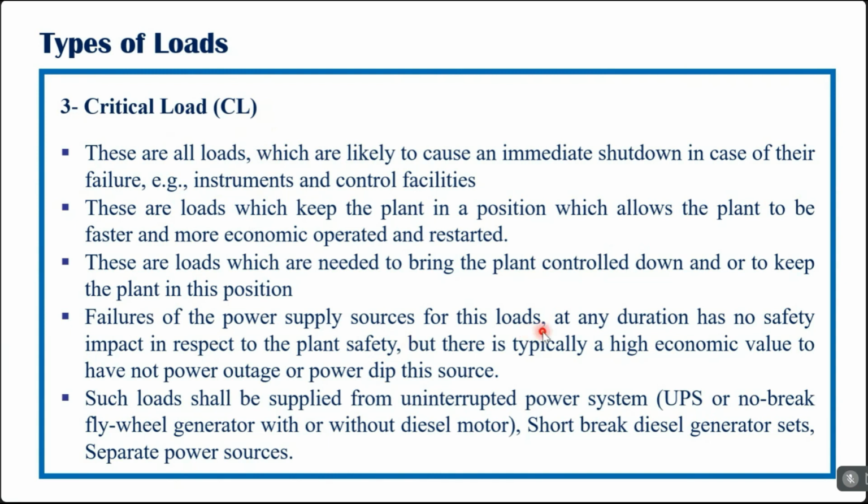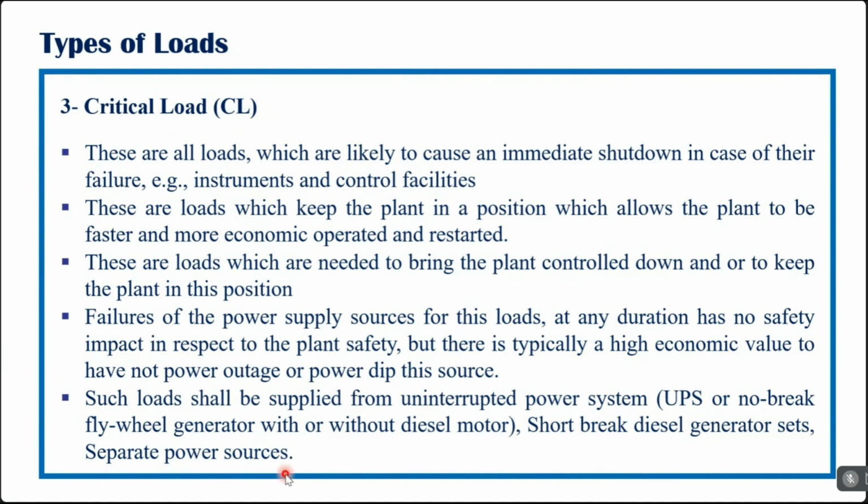Failure of power supply for critical loads, at any duration, has no direct safety impact in regard to plant safety, but there is typically high economic value in having no power outage. These loads, as I said earlier, are fed from an uninterrupted power system, UPS, or a no-break flywheel generator, with or without a diesel motor, or short-break diesel generator sets, as separate power sources.